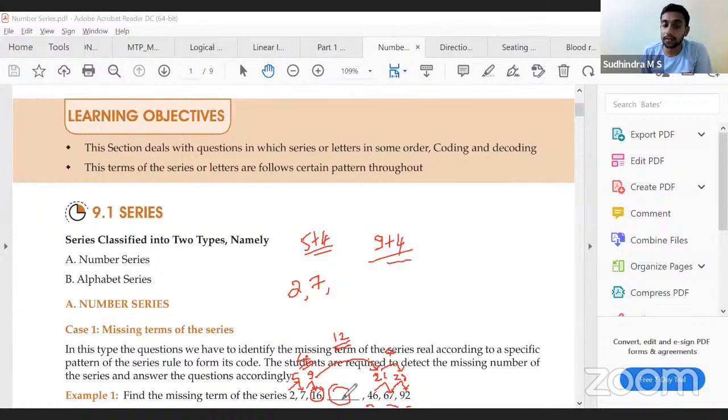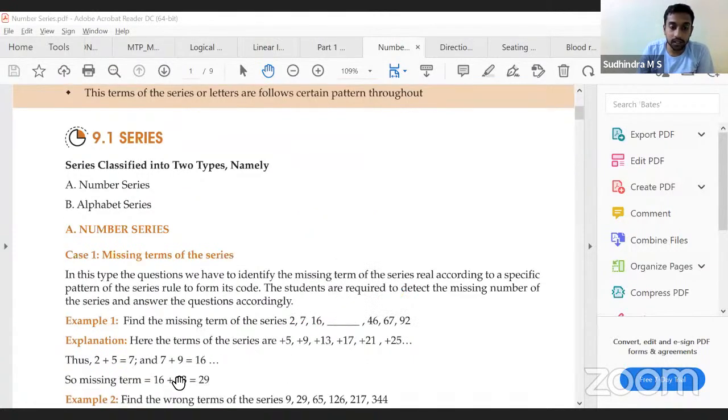Increase of 13, we will get 29. Will that match 29 and 46? There should have been an increase of what? 13 plus 4, 17. Correct? So 29 plus 17 is 46. So our pattern is matching. So the answer is 29. 16 plus 13, 29.